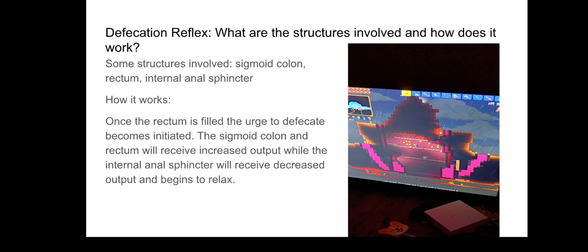All right, defecation reflex. What are the structures involved and how does it work? So, some structures involved in this are the sigmoid colon, rectum, and internal anal sphincter. How it works.